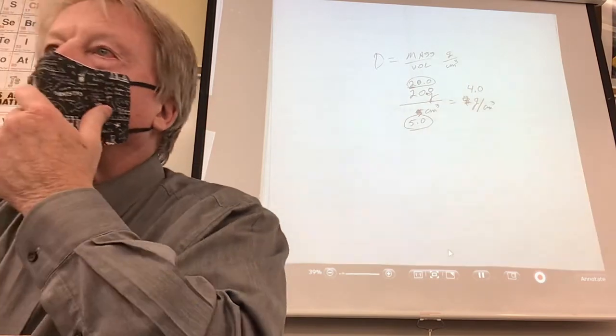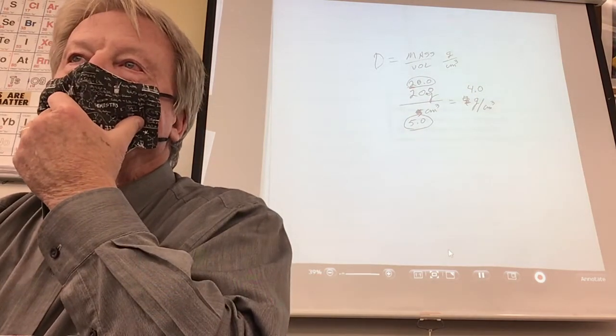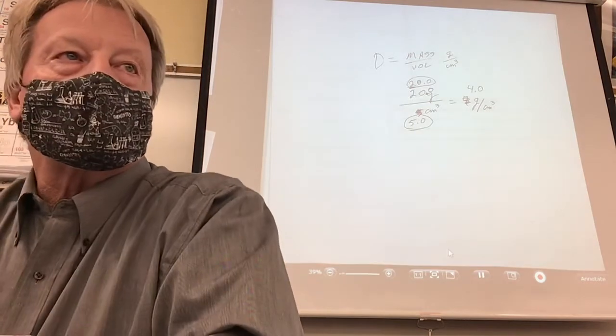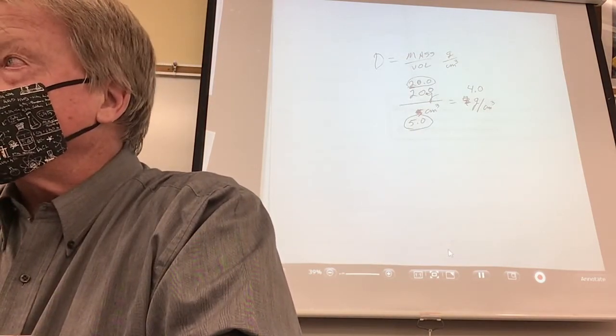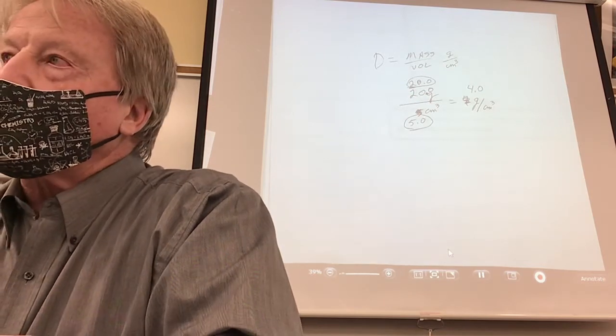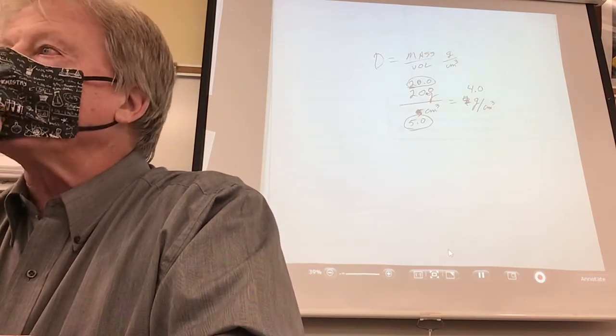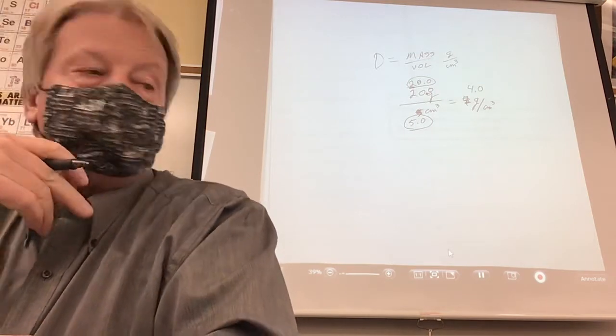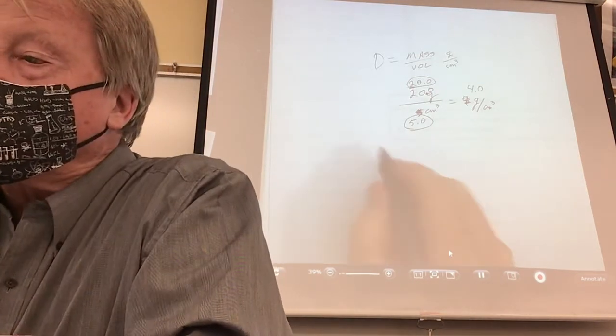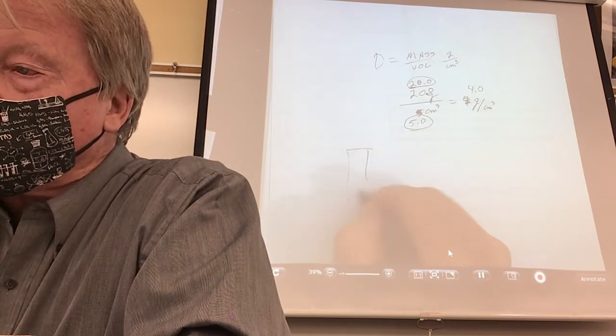I'd have to write 4.0, wouldn't I? How many sig figs does 4.0 have? 2, isn't it? Okay, so that's how I can make a density problem a little bit harder, is to use significant digits.